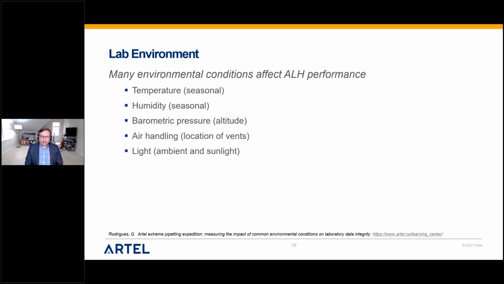The lab environment, I alluded to this as well. There are so many things that can affect your ALH performance, and temperature and humidity are a couple of big ones. And I have seasonal here in parentheses on purpose, because I live in North Carolina.